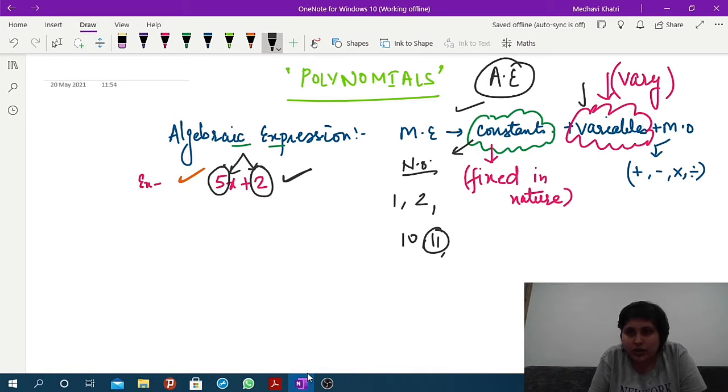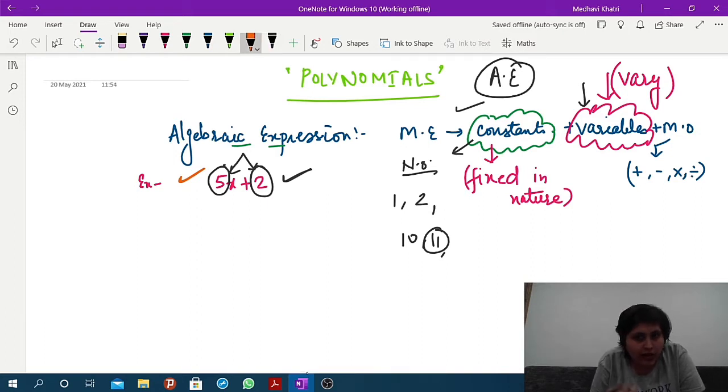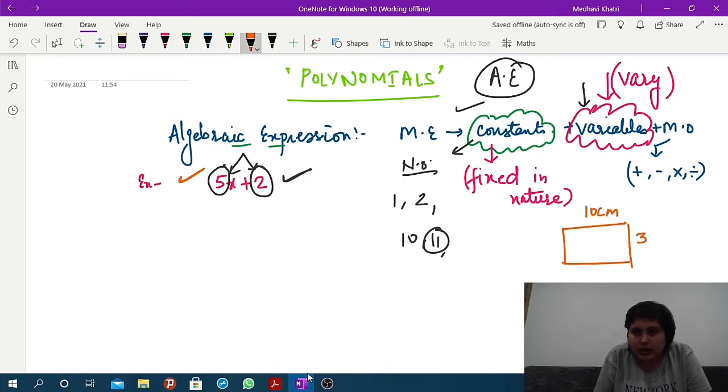So what is a variable? Let me explain what variables are. Variables are those whose values continuously change. Now let us know why we require variables. Okay, so let's suppose I am drawing a rectangle of length say 10 centimeter and breadth let it be 3 centimeter.